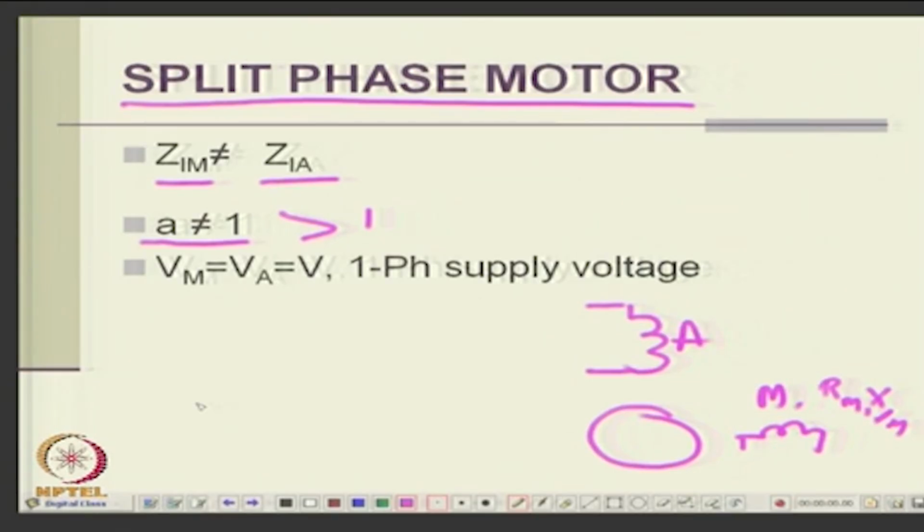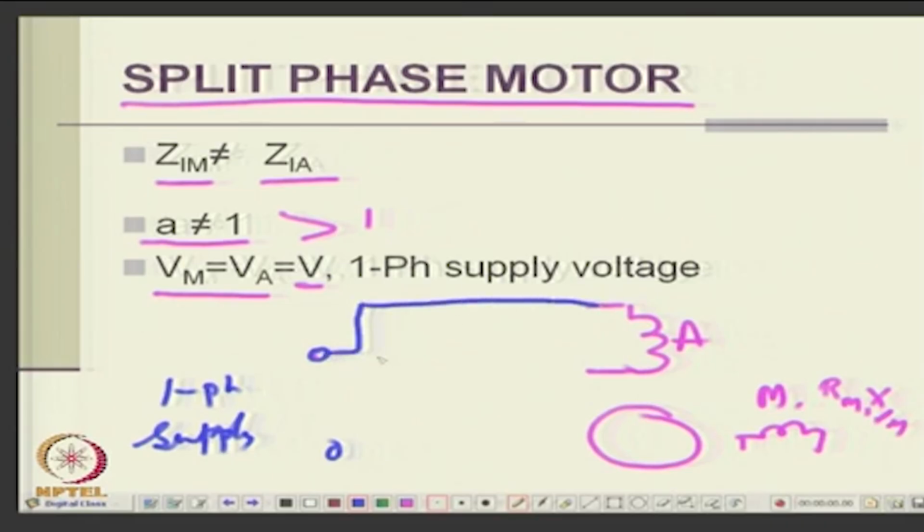But you have another constant here, Vm equal to Va, the supply voltage. Whatever you have as the supply voltage here, single phase supply, you connect this same single phase supply to the main winding as well as to the auxiliary winding.